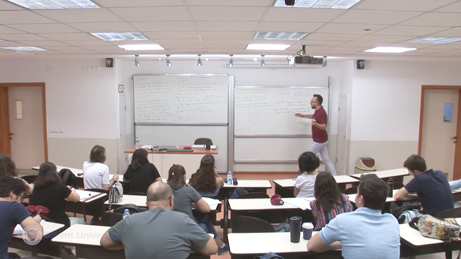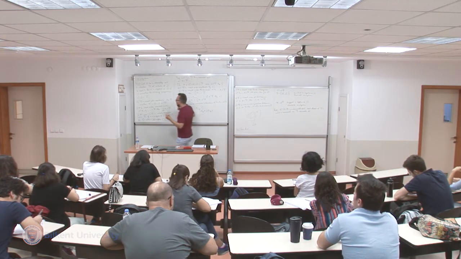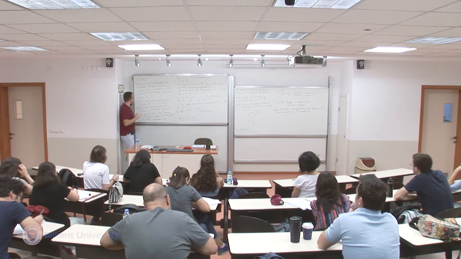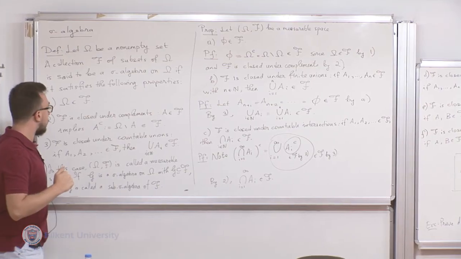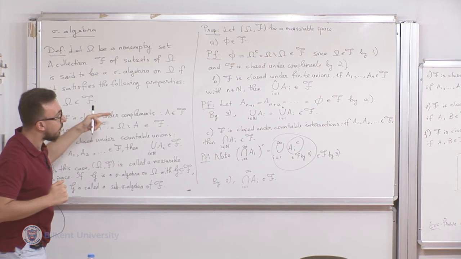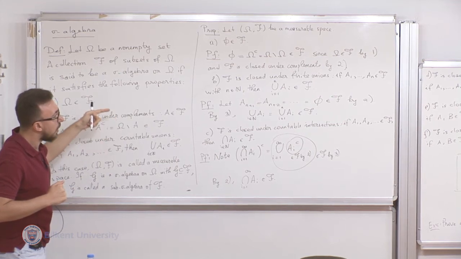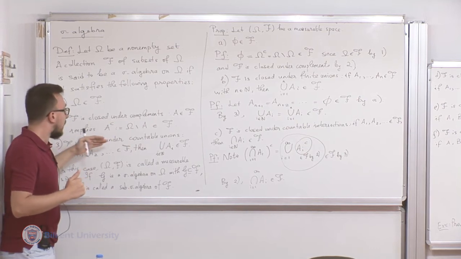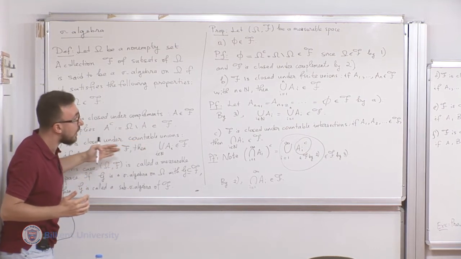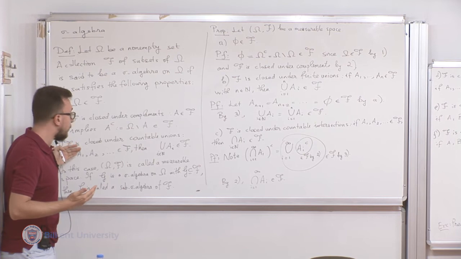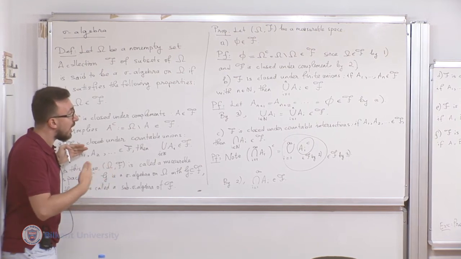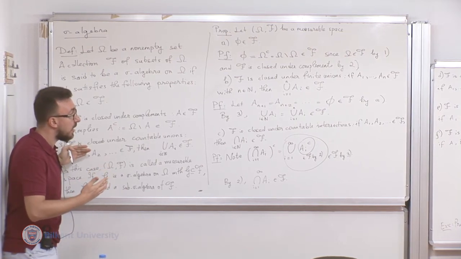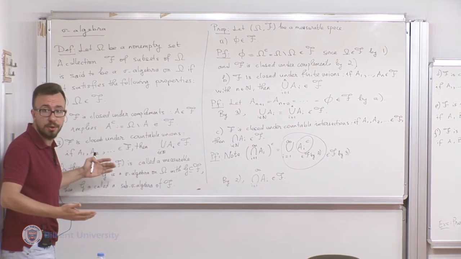Yeah. Let's check. Number 1, easy. Number 2, closed under complements. Well, the complement of the empty set is omega. The complement of omega is the empty set, so we're done. Closed under countable unions. Well, all I can do is to repeat either omega or the empty set infinitely many times, or both.